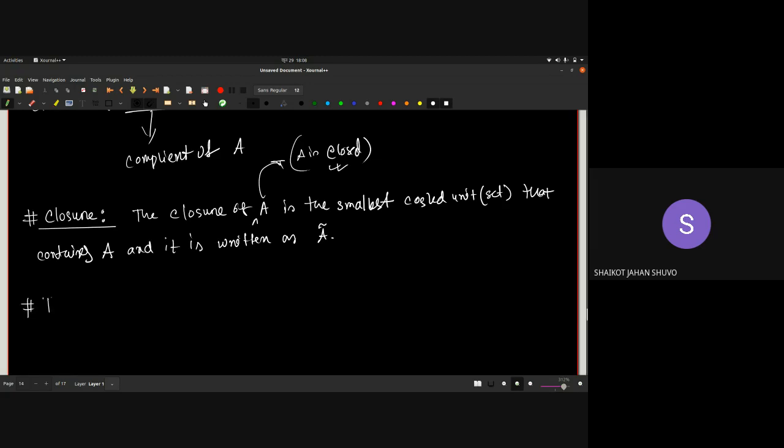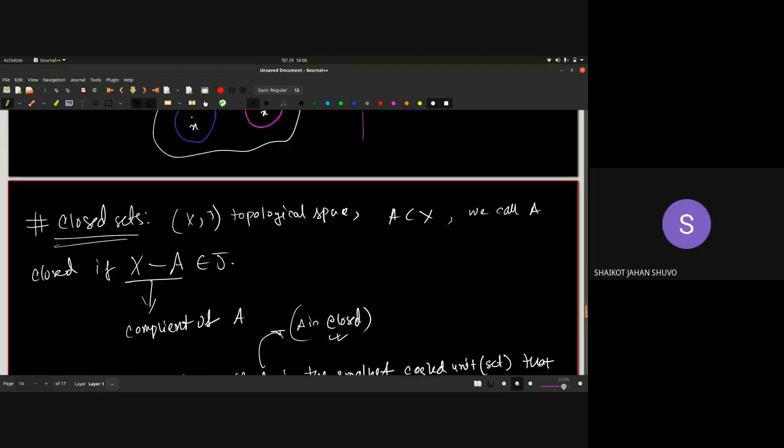So let's define interior. Sir, would you scroll up a bit? Okay. Closed sets. So if A was open, wouldn't X minus A still be in tau? Did I say anything about A being open?